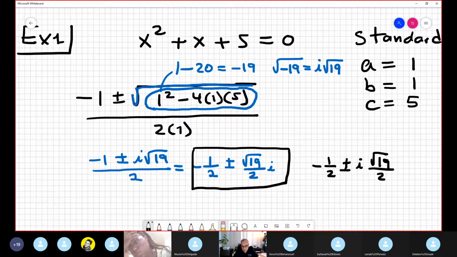This is the same. So the i you put in the first place or in the last place. Either way, this is the same. In this case, the solution is a complex solution. Okay.